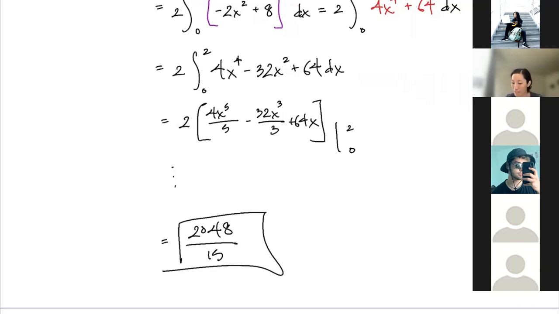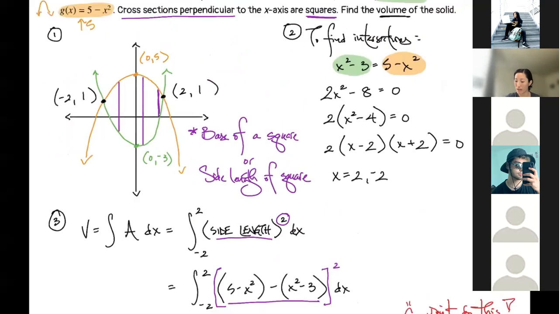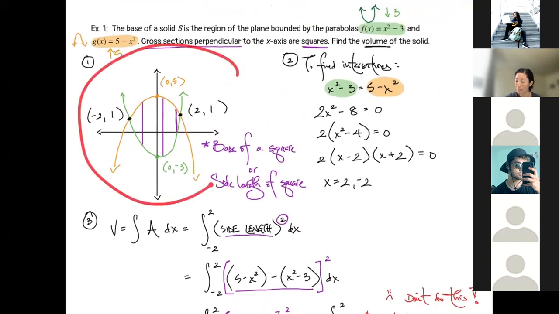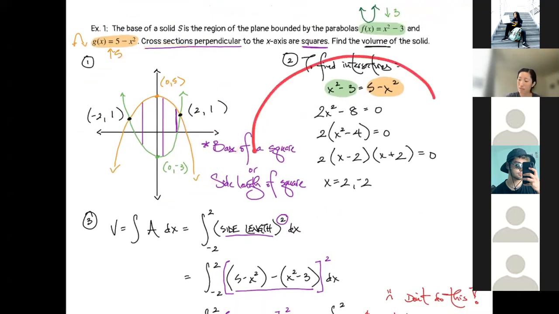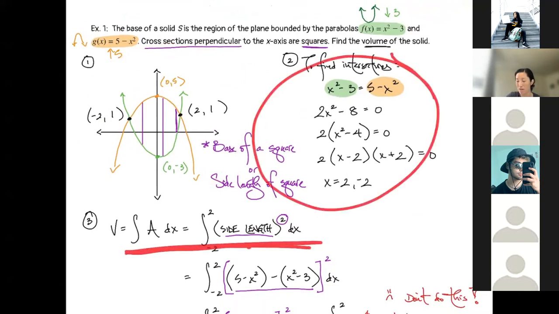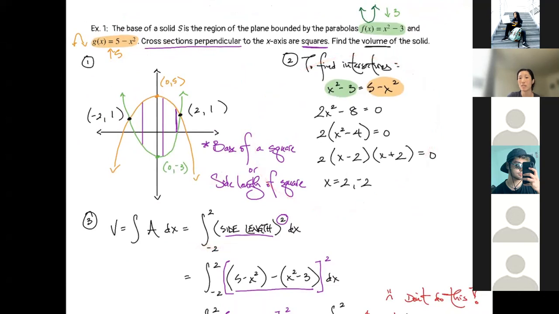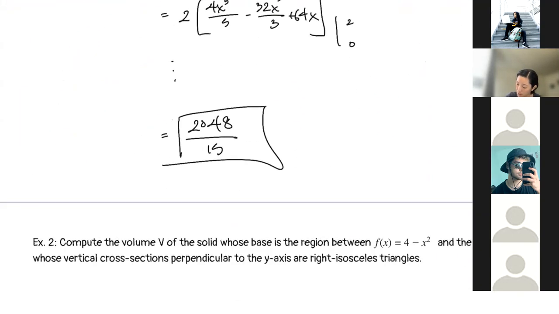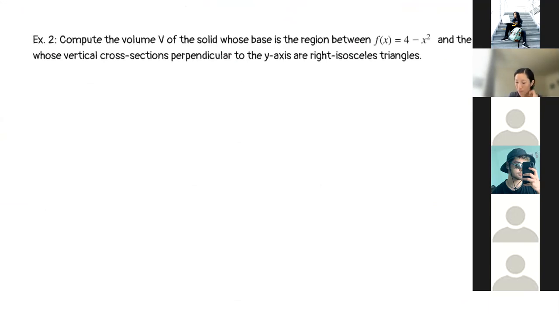Okay, let's do this. I would like to set up a different one. We will set up in the sense that we will draw some pictures, find some intersections if we need, and then think about this area part. Like, what is the formula we need and how do we find what that purple line represents? So let's take a look at example 2.